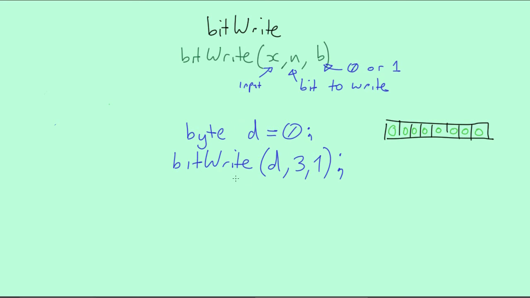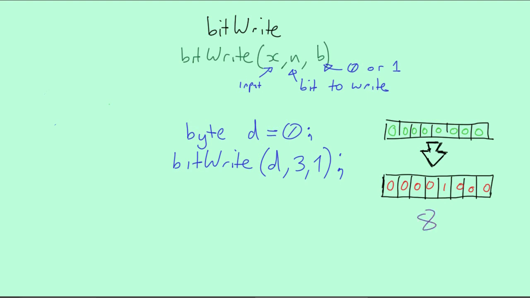So with bitWrite, my first argument is d, because that's the one I want to change. I want to change bit 3, and I want to change it to a 1. So after running this function, I get 0, 0, 0, 0, 1, 0, 0, 0. And if I read that in decimal, that is decimal 8.